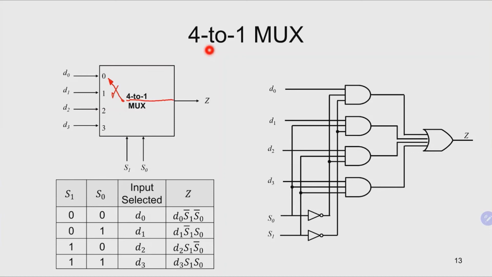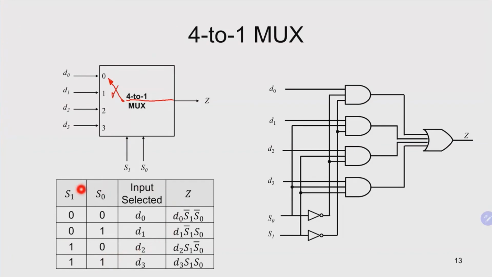The position of the switch depends on our control S1, S0. In other words, S is an address that points to each of the inputs. So 0, 0 points to D0, 0, 1 points to D1, 1, 0 points to D2, and 1, 1 points to D3.